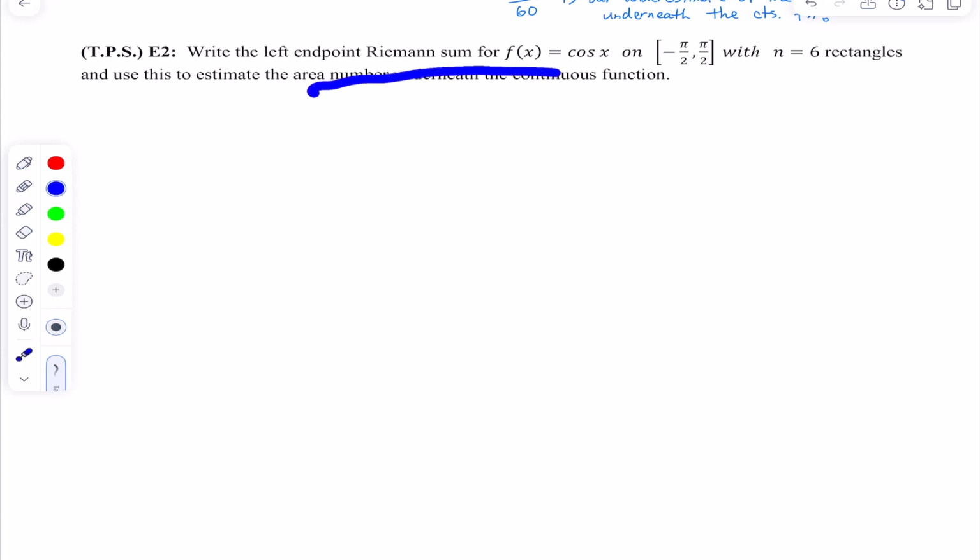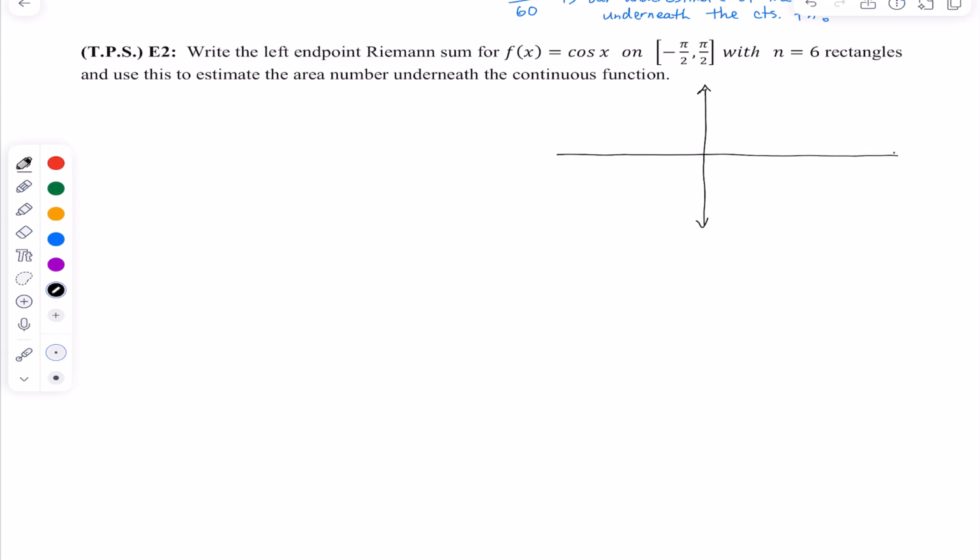Let's look at a different continuous function. Let's explore a trigonometry function. This is our typical cosine wave, but our interval is from negative pi over 2 to pi over 2. We'll use our trigonometry knowledge here to draw a rough sketch.